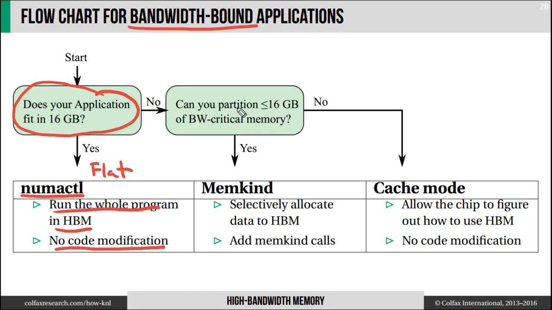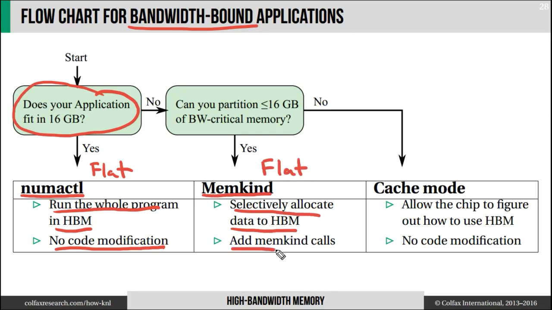If your application requires more than 16 gigabytes, and you know exactly which objects are bandwidth critical, and you can partition out the bandwidth critical data containers and stage data for high bandwidth access, then again use the flat memory mode and use a special library called memkind to selectively allocate certain data containers to high bandwidth memory.